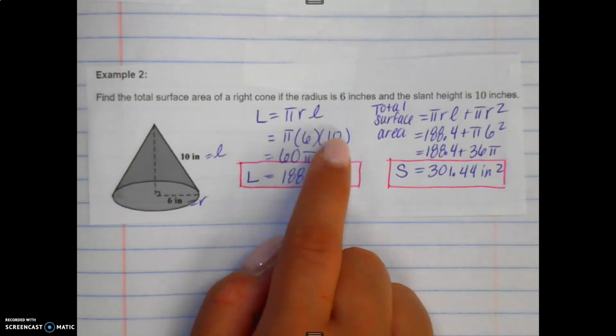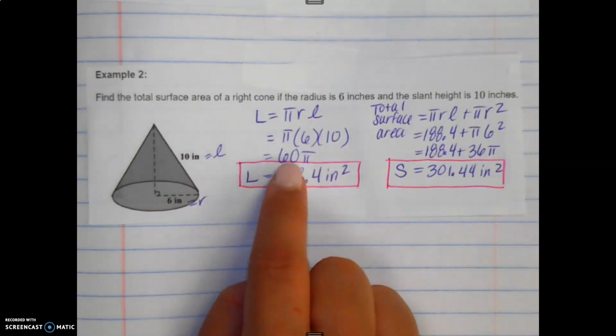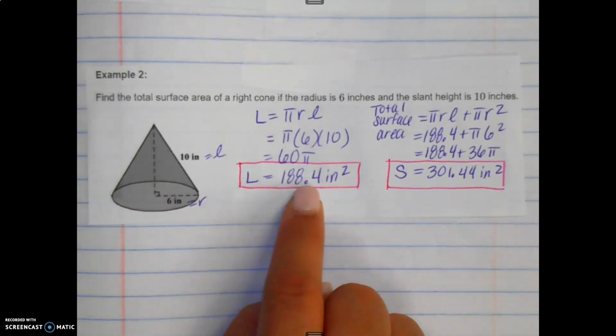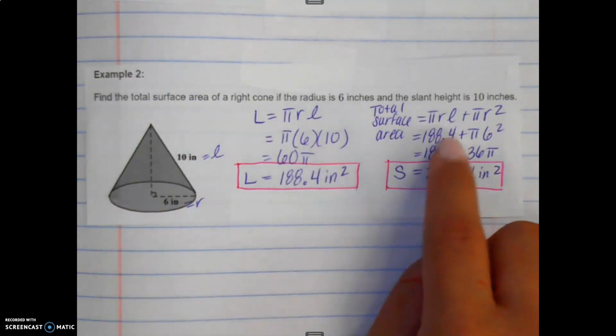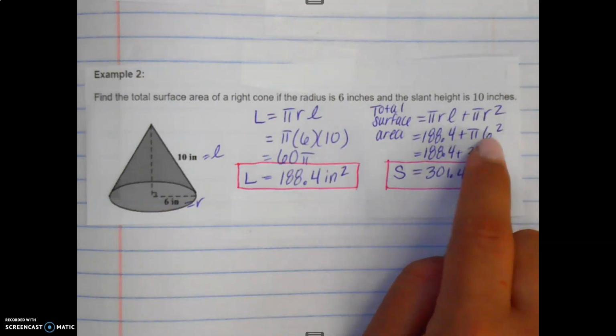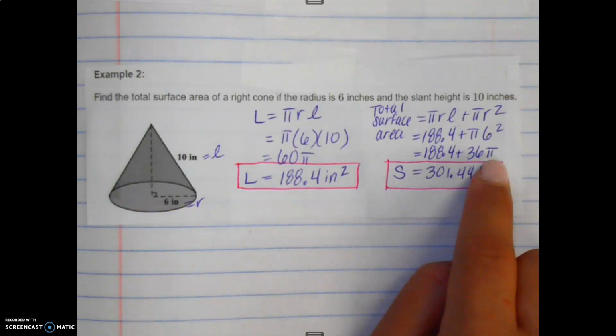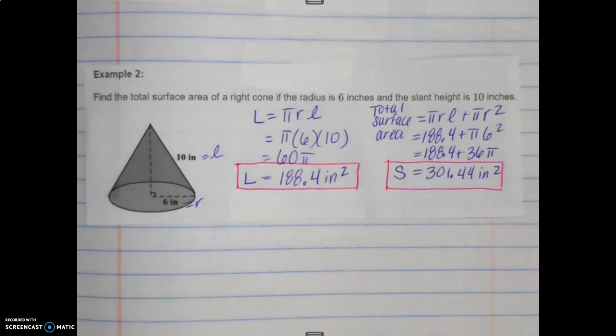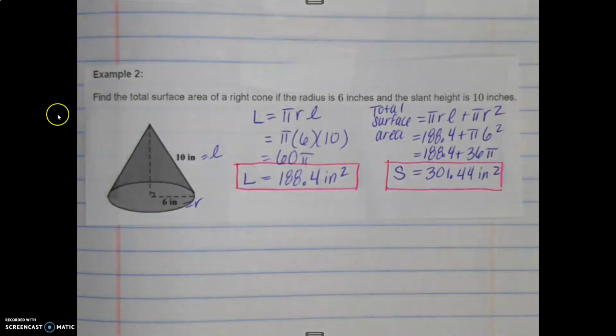Pi times 6 times 10 is 60 pi. All right, so that means my lateral surface area is 188.4. So then I put that into my formula here, plus pi r squared, plus pi 6 squared. That gives me plus 36 pi. And I end up with 301.44 inches squared.